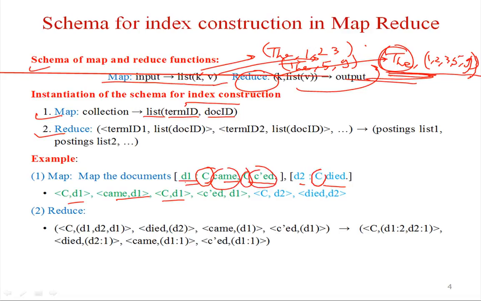Now in D2, C exists in D2 and died exists in D2. Now how can we reduce? C exists in D1 and D2, and died exists in D2. Again we can reduce further: C exists in D1 two times and C exists in D2 one time. So this is a sample reducing function.